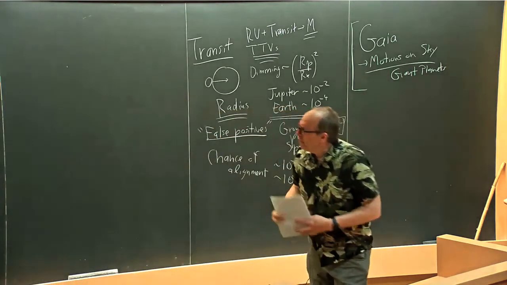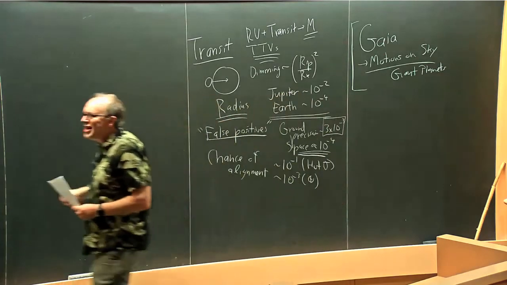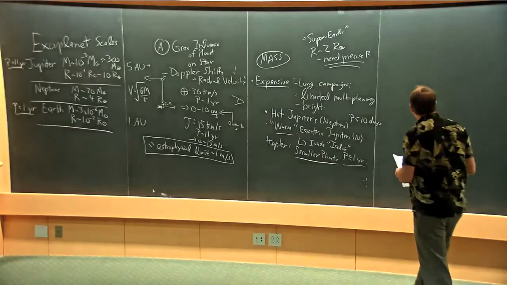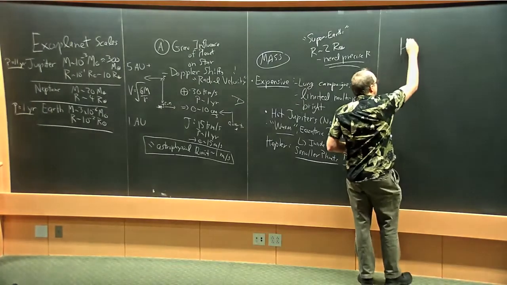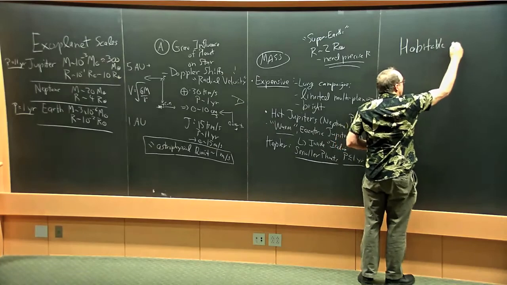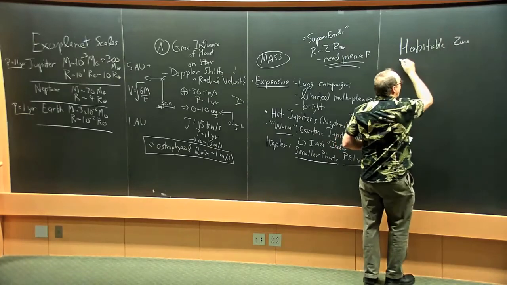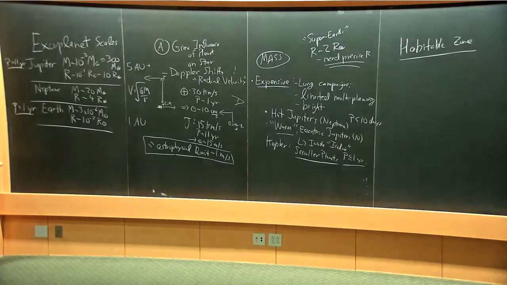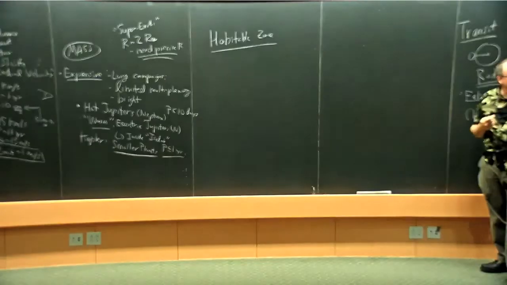Now, given what I've just told you, although we can technically make these measurements for a huge number of planets, it's very hard to find real Earth analogs. And so one of the things you might want to look at is some characteristic scalings. This is going to be the argument of what we call a habitable zone. The idea here is you might want to look at Earths that have Earth-like climates, but that's very hard to do.